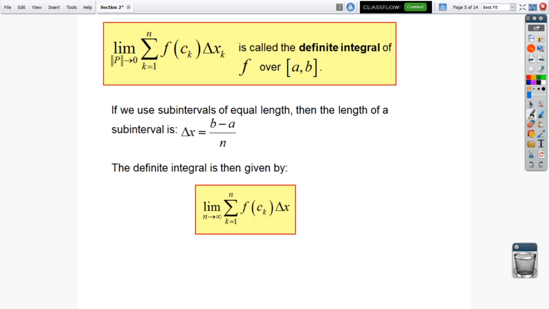Here we can shift from sigma to the Latin equivalent and this delta to the Latin equivalent in order to produce our notation for the definite integral. So the definite integral, instead of talking about the limit, is going to be boiled into this symbol.